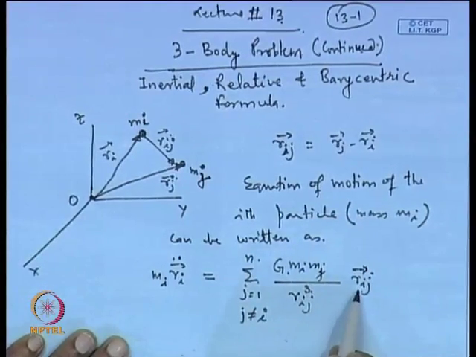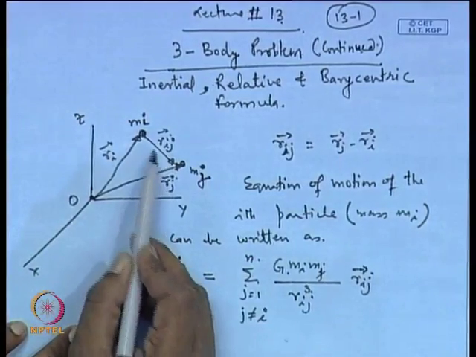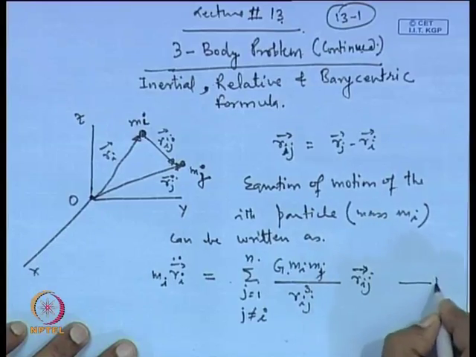Okay. Now, this force on the ith particle is directed along r_ij. Therefore, the positive sign has been taken here. So, this is our equation number 1.